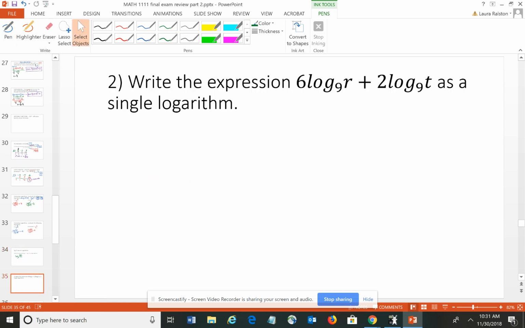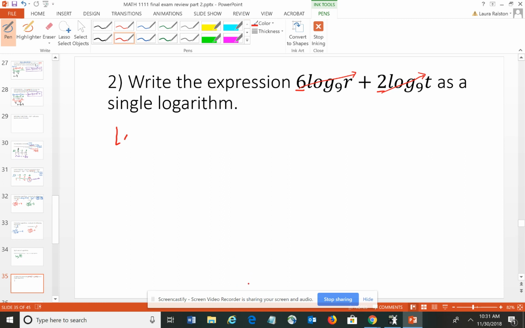So looking at question 2, we have 6 log base 9 of r plus 2 log base 9 of t. Now the first thing that jumps out at me about this problem is that we have these numbers in front of the logs. Remember, those were originally exponents using the power rule, and they get tossed back up to the exponent position.